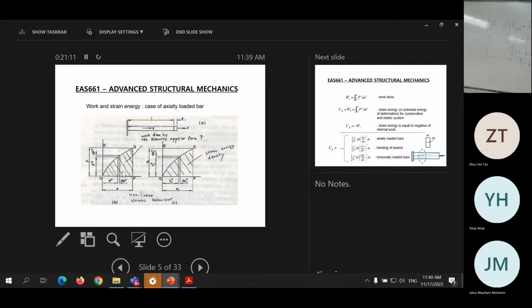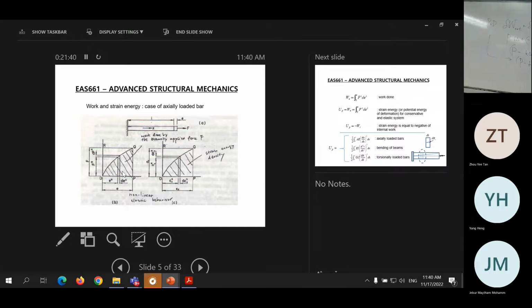So this is a particular state. Then if we increase this force a little bit, dF, the corresponding elongation is dES. Then if you combine all this small area together, you get the area under the graph.